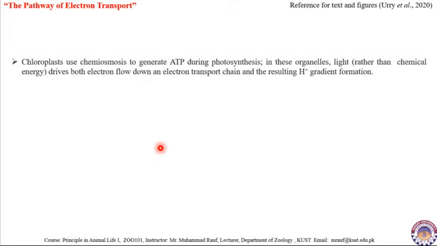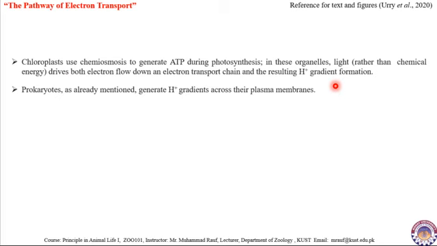Now, chloroplasts use chemiosmosis to generate ATP during photosynthesis. In these organelles, light drives both electron flow down an electron transport chain and the resulting hydrogen gradient formation.